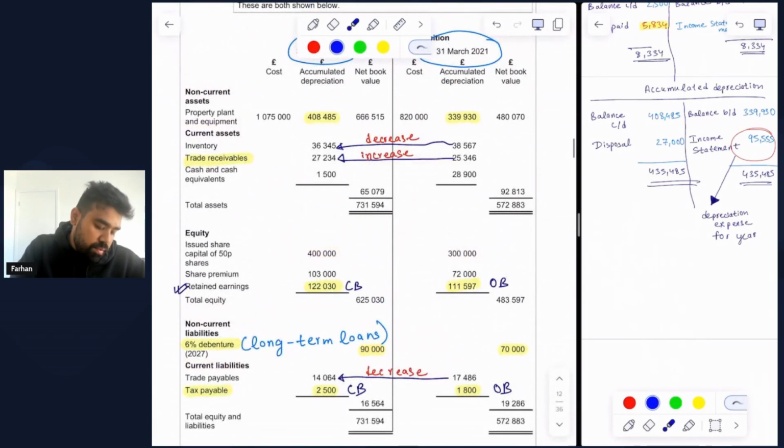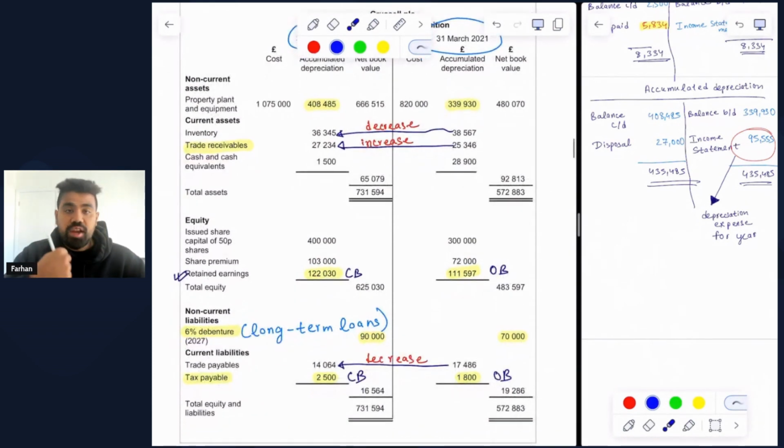All right, so let's check the next one. So the trade receivables under current assets have increased from the previous financial year. As you can see, in the current financial year, we have £27,234. And in the previous financial year, we had £25,346. This means that compared to the previous year, trade receivables have increased. And the amount of increase is simply the difference between 27,234 and 25,346, which is 1,888.